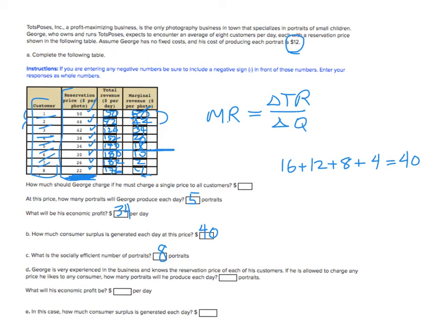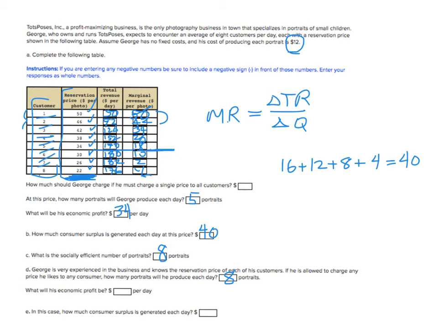What am I going to do with a portrait of your family? Nothing, right? So there's not much worry about resale there. So if he can size everybody up and get their highest willingness to pay, he's going to sell to all 8 of these customers, and his economic profit.